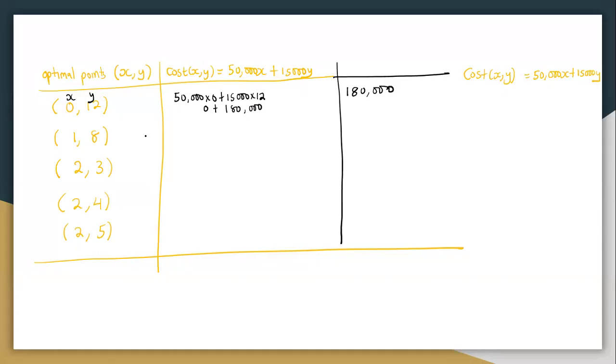Then go to the next one, 1 and 8. Substitute 50,000 times 1 plus 8 times 15,000. So 8 times 15,000 is 120,000, then 120,000 plus 50,000 is 170,000. So for that pair, we shall have 170,000.